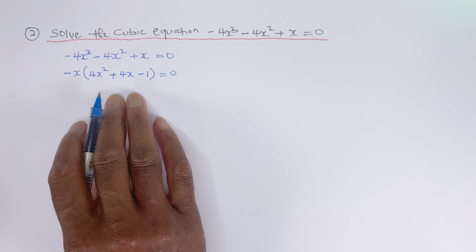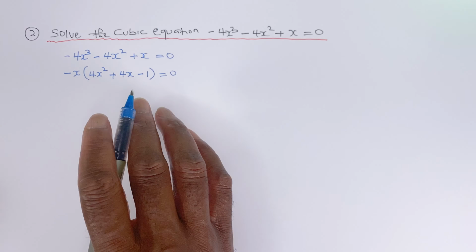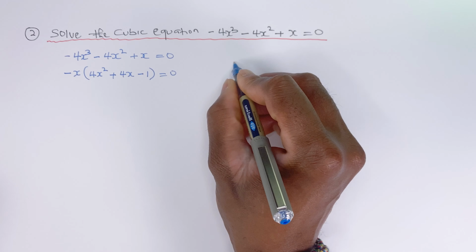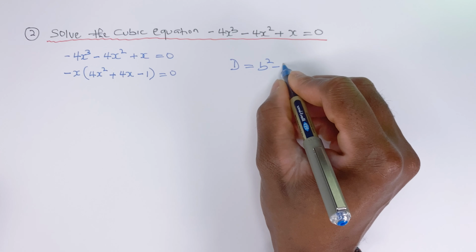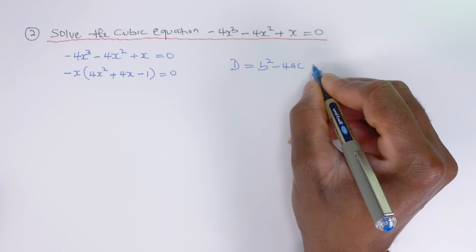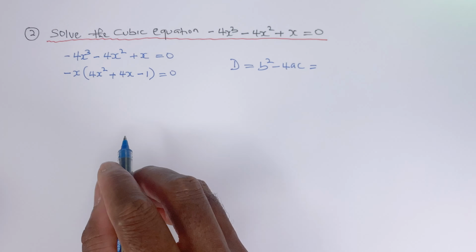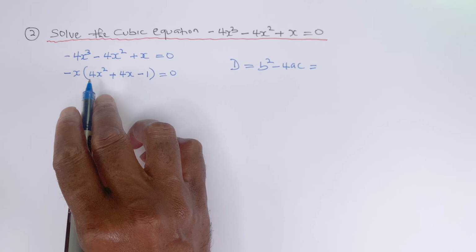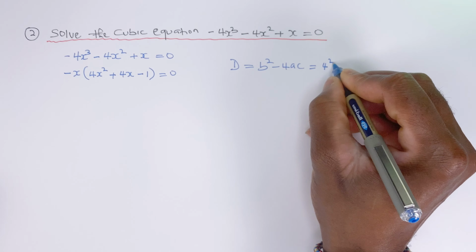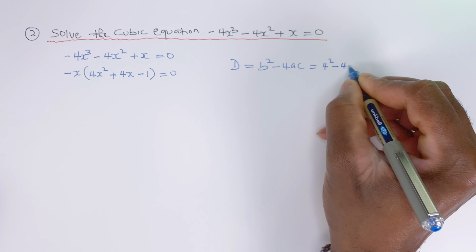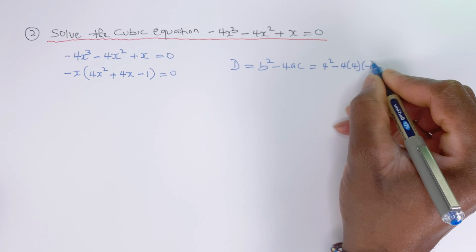To factorize the quadratic, I want to test to see whether that's factorizable. Well, to do that, I need to write my d, which equals b squared minus 4ac. If it's factorizable, I will get a perfect square. My b is 4, a is 4, c is minus 1. So I get 4 squared minus 4 into bracket 4 into bracket minus 1.